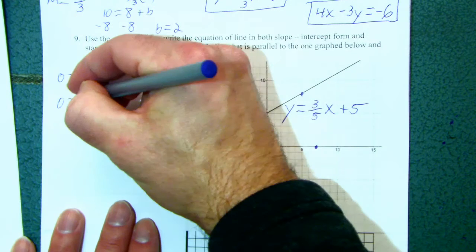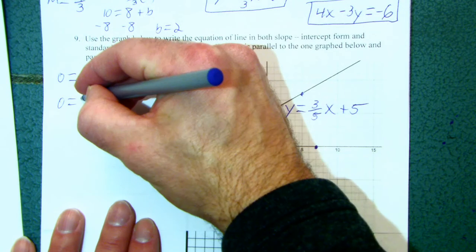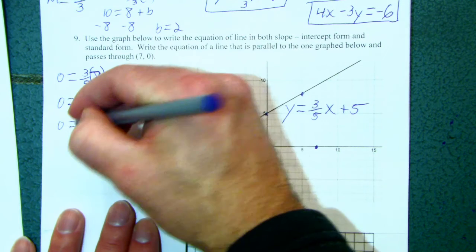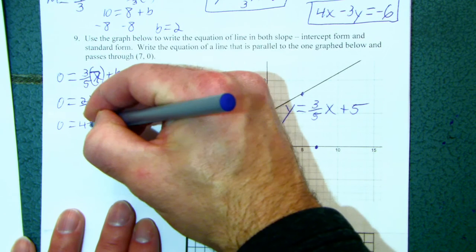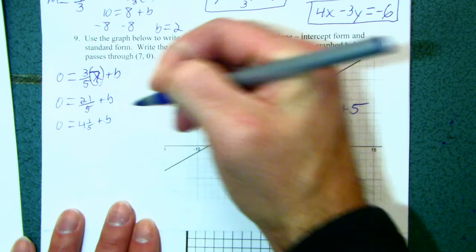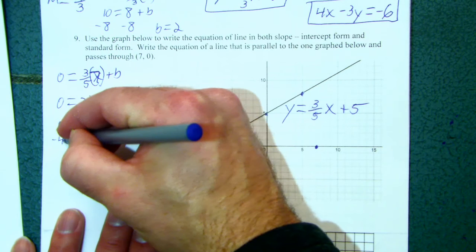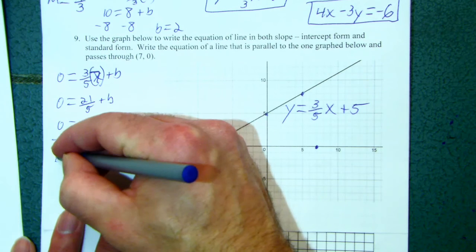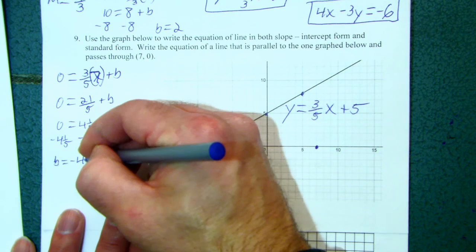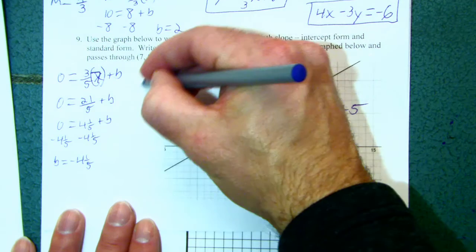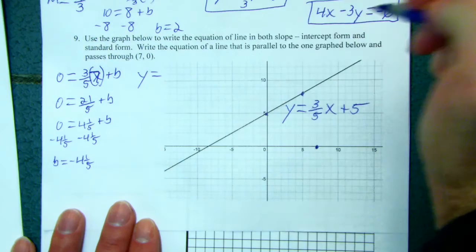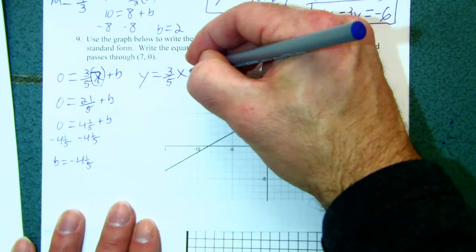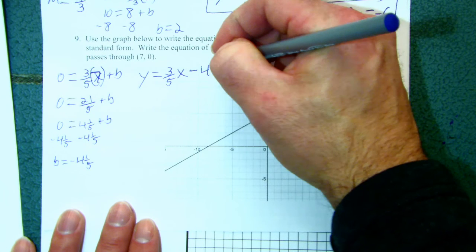So it's going to be 0 equals 21/5 plus b. So 0 equals 4 1/5 plus b. So we'll subtract 4 1/5 from both sides. So b equals -4 1/5. So my line that's parallel is going to be y equals 3/5 x minus 4 1/5.